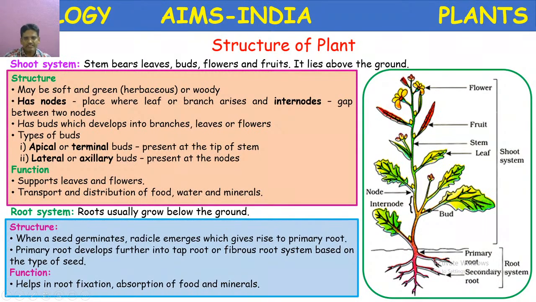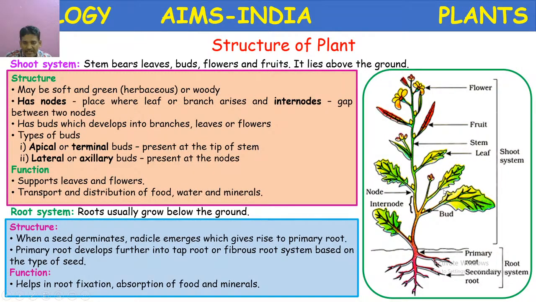If you take a stem, there are several subparts present, like the node. A node is a place where a leaf arises, or a branch produces, or a flower produces. So a node is a very important part of the plant.